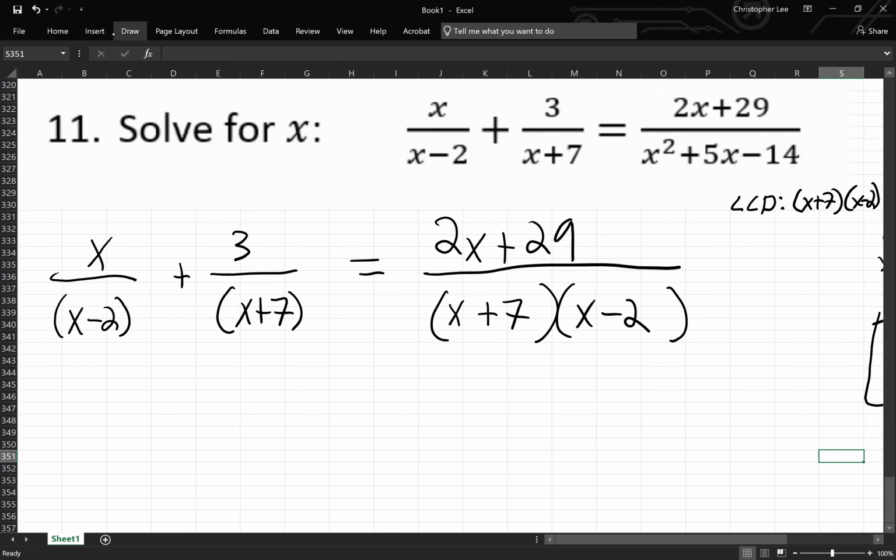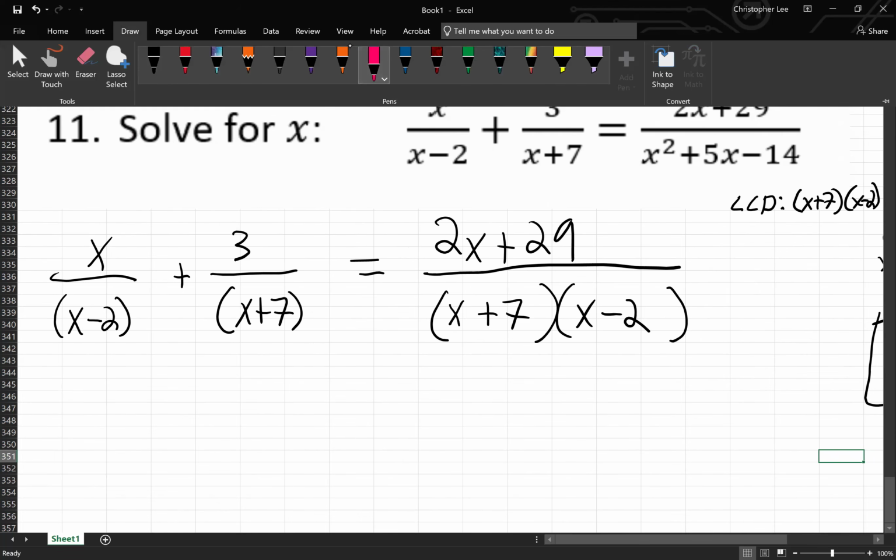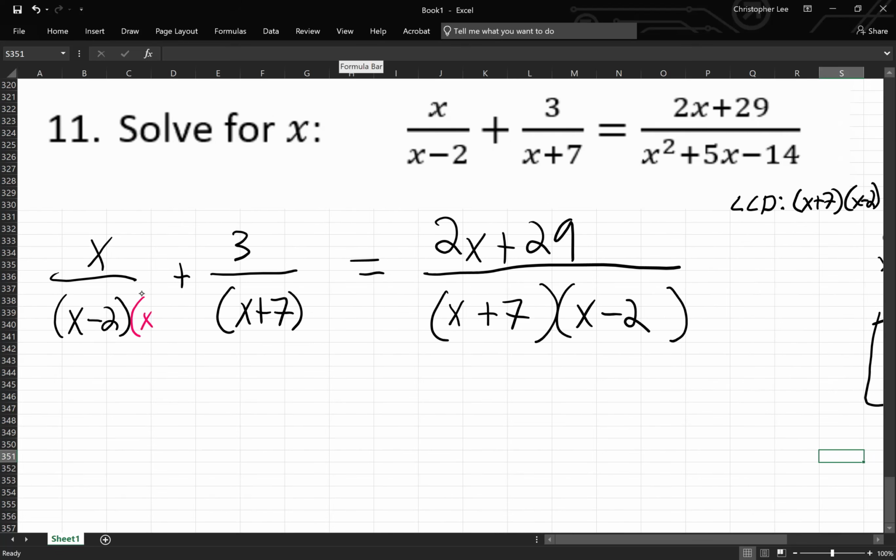On the left-hand side, what do I need to do? All right, so I'm going to put X plus 7 over here and multiply.